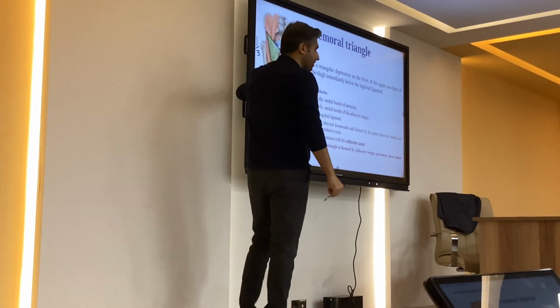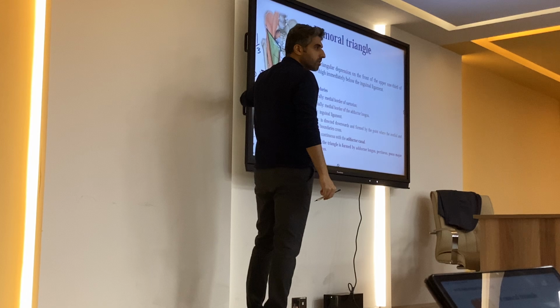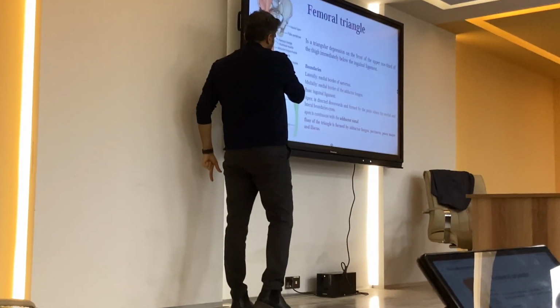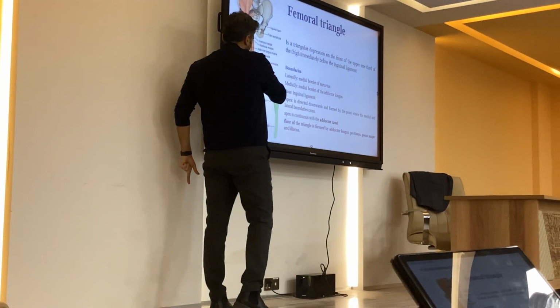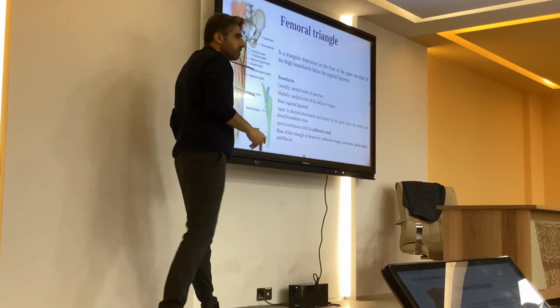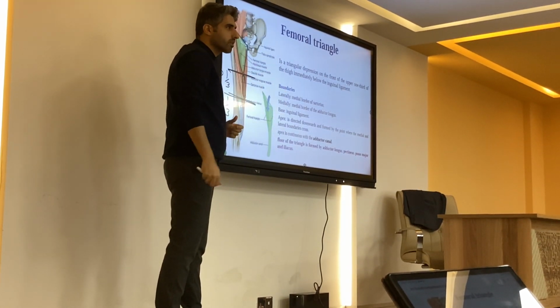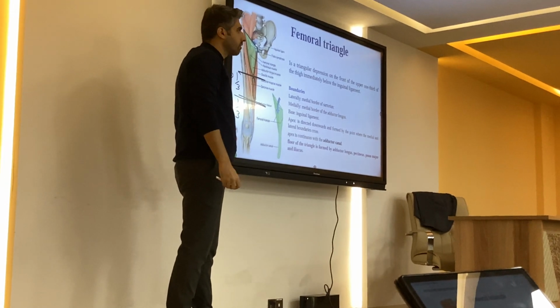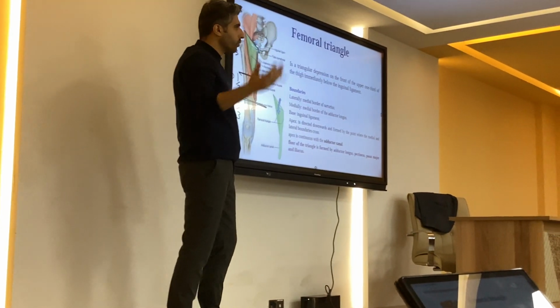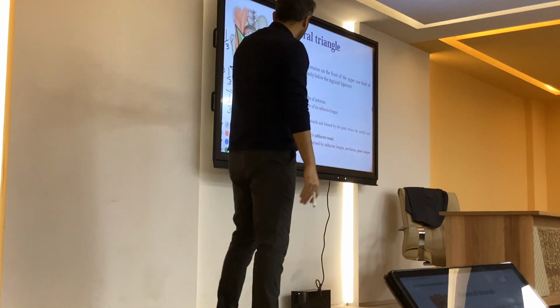In the middle 1/3, you can see a canal. Between muscles, we have a channel or canal here, and a structure passes through it. It's called the femoral canal or subsartorial canal, or Hunter's canal; it has different names.